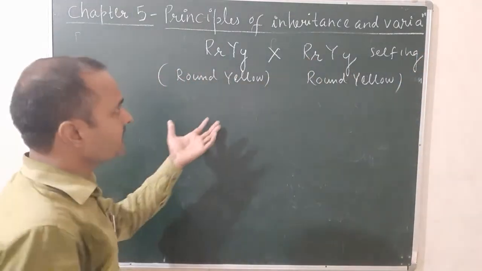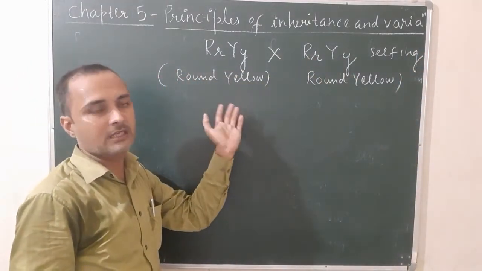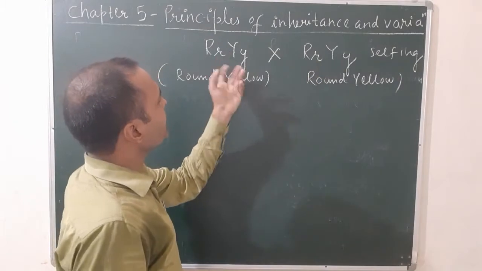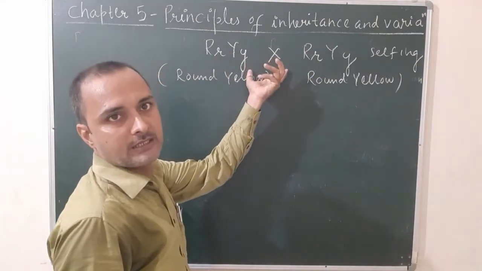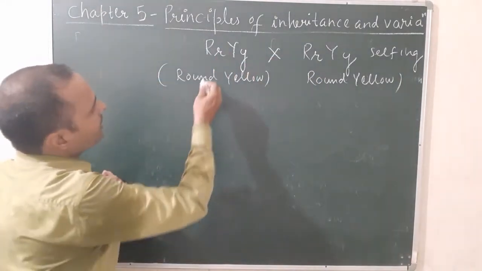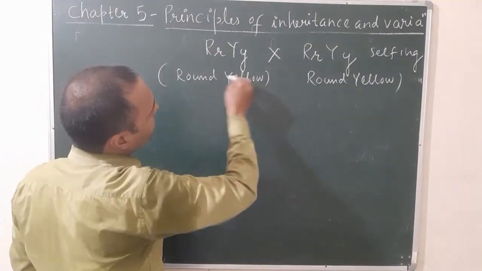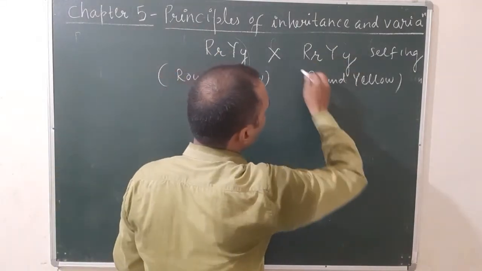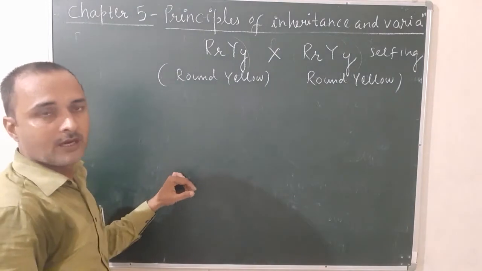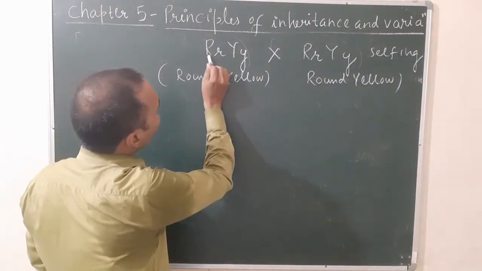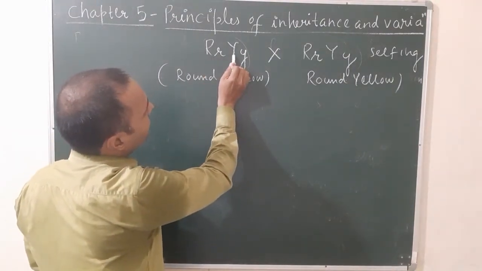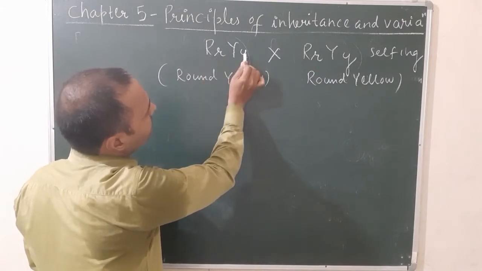And for the F2 generation, there is a need of selfing between the parents of the F1 generation. Okay. So listen. 4 gametes are produced by this parent and 4 gametes are also produced by this parent. How? See, this capital R will combine with this capital Y. Then capital R combines with small y.